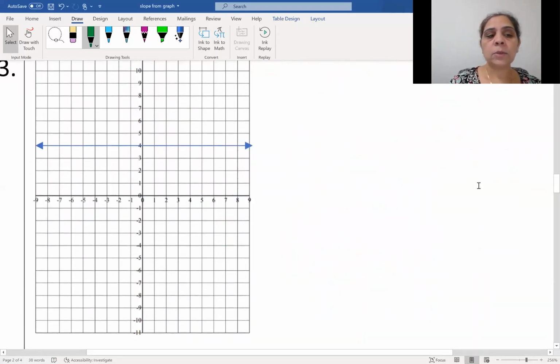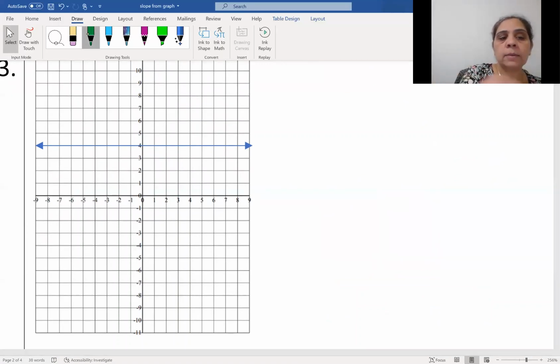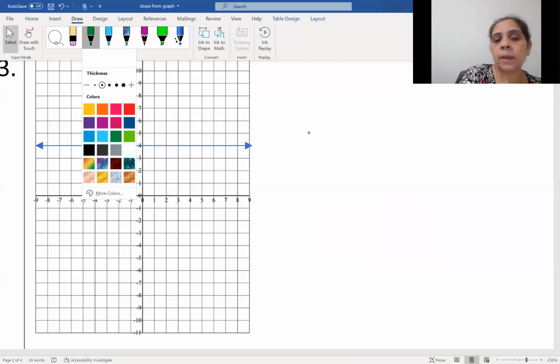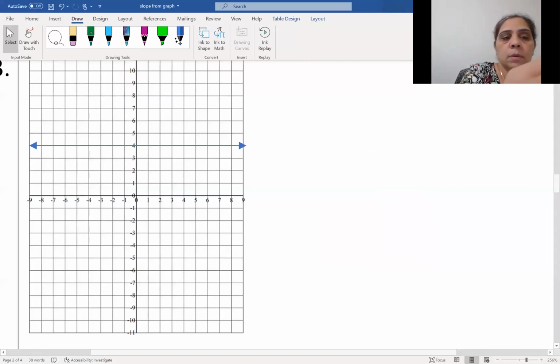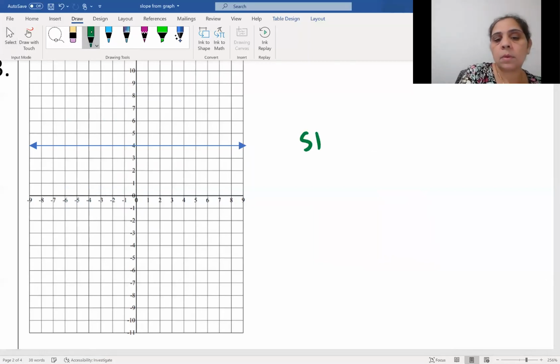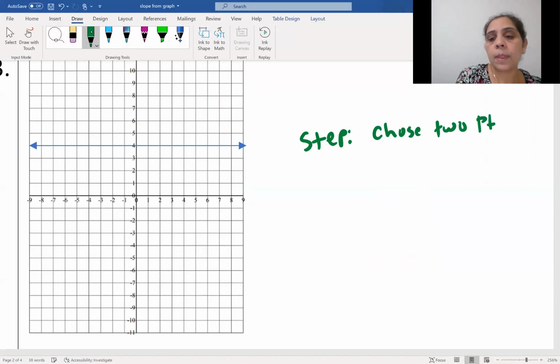All right, so next one, we have a horizontal line. So my step one is, what? Choose 2 points, right? Any 2 points you can take.